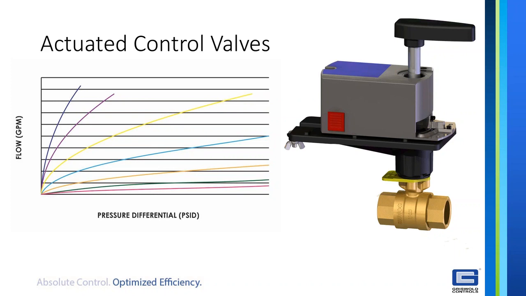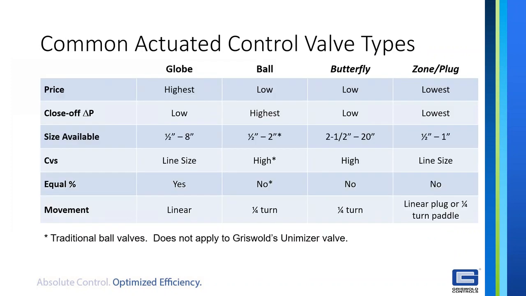The yellow position would be maybe halfway open. If that valve is halfway open, now as the pressure changes, you're going to have flow changes. So the flow is going to ride the curve, kind of similar to a pump curve, where you'll get more or less flow depending on your pressure. So this is the most basic. It's just a simple actuated valve that is opening and closing.